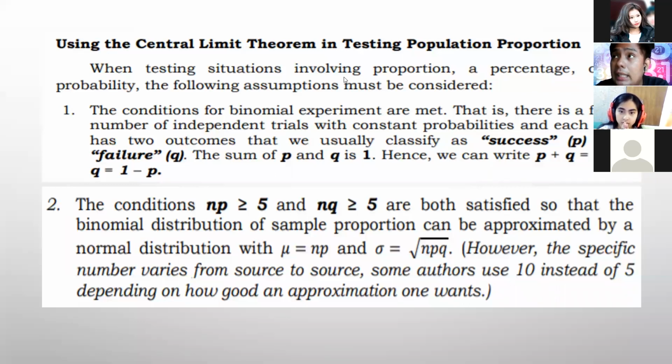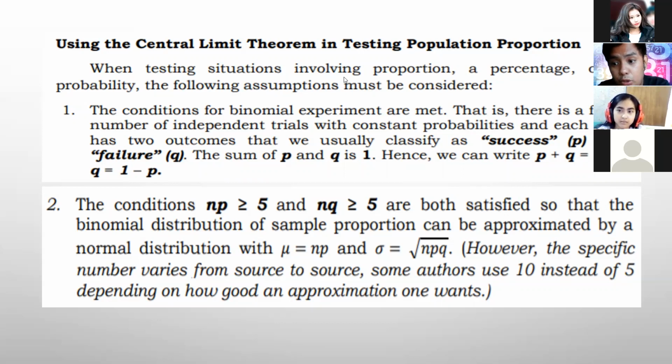Ang nagsabi na kahit mababa yung sample, basta given ang standard deviation ng population, pwede na tayong gumamit ng z-test. Kasi napakita ang standard deviation ng population, ibig sabihin nasa normal distribution.